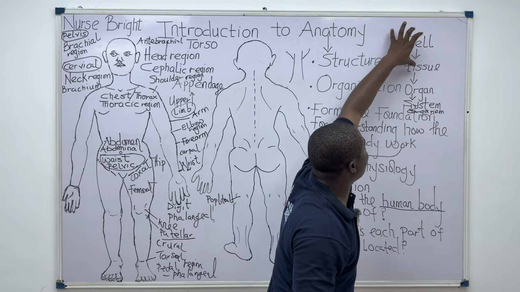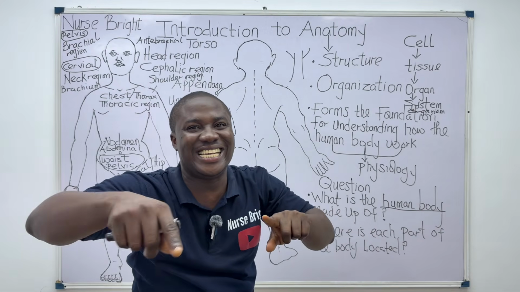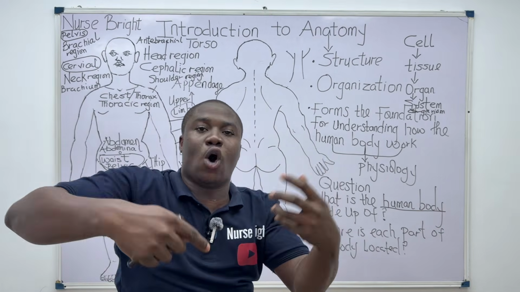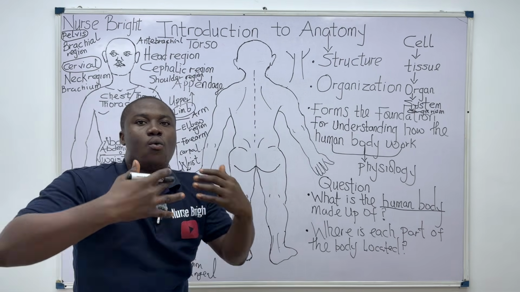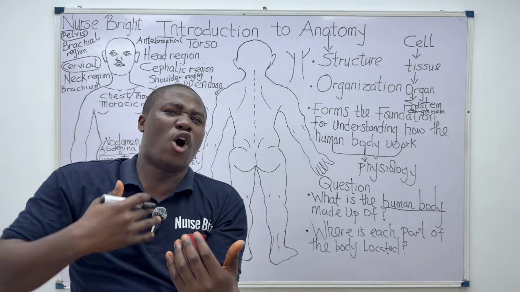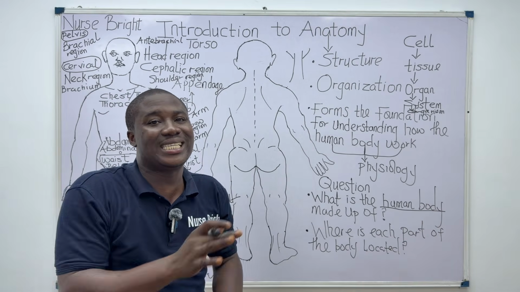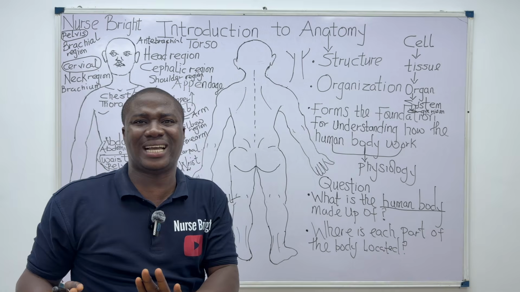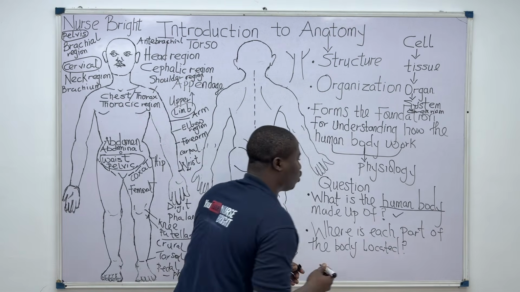So it is all of these structures that led to the formation of all of these regions, which I just named for us to be familiar with. All these things are not hard at all. Just pay attention. So you can see we have been able to answer this question correctly.